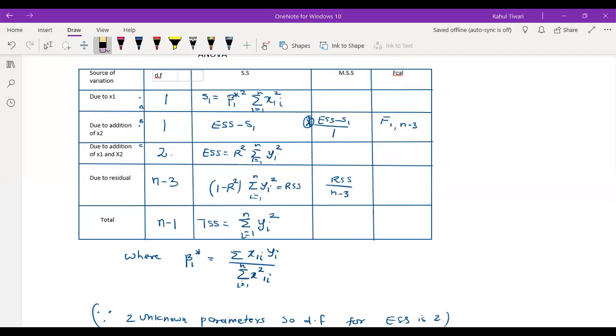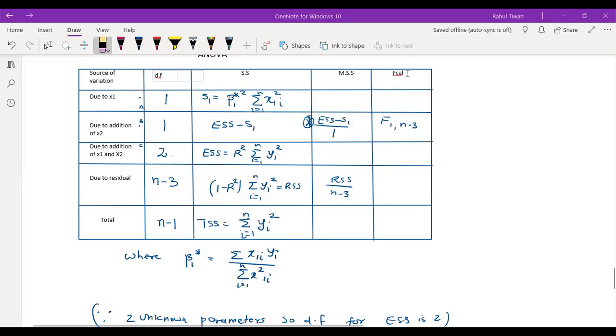F calculated can be calculated as ESS upon ESSE. No, F calculated will be obtained based on the degree of freedom, right? The degree of freedom for this one, which is for x2, and the residual, it is based on that, not a plain ratio. Sorry.